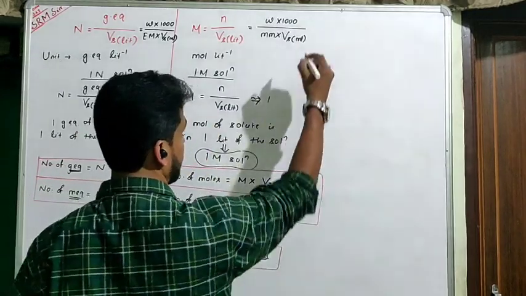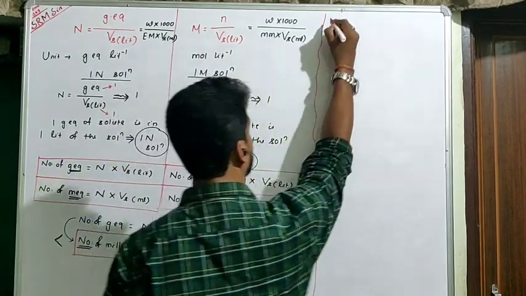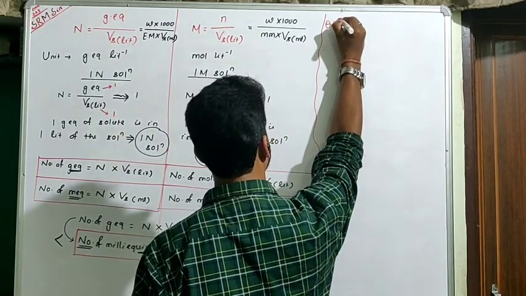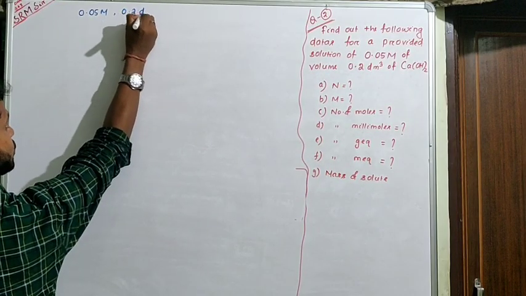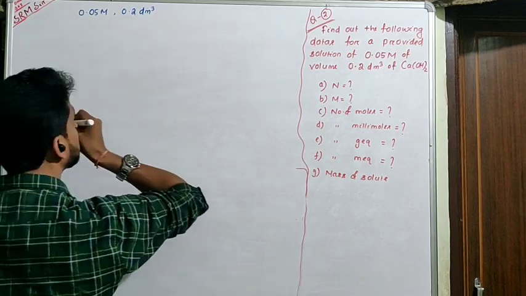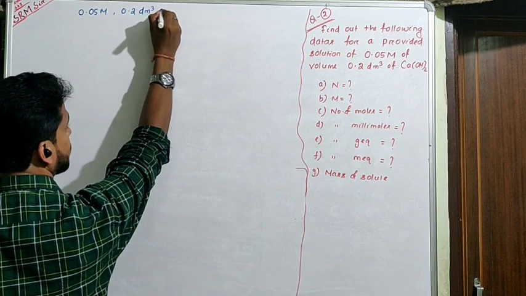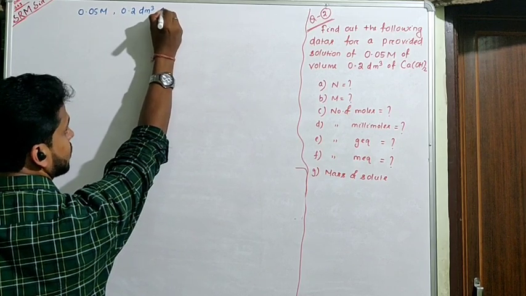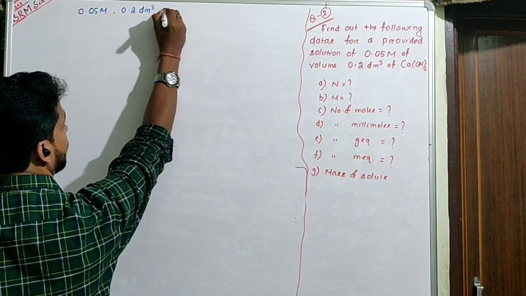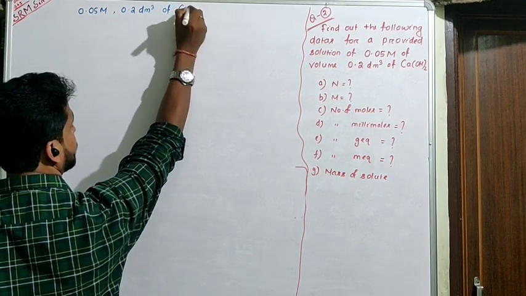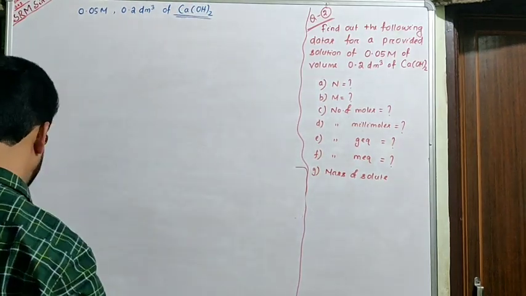Let me give a question. Volume 0.2 dm cube of Ca(OH)2, right?